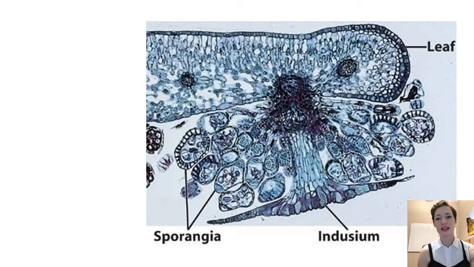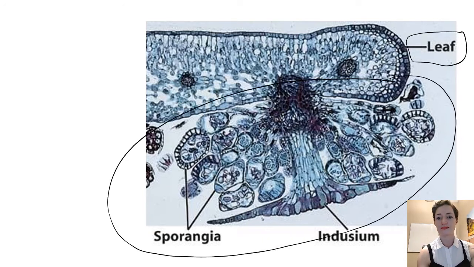And this is what it would look like if we did a cross section and looked at it microscopically. So we have the leaf, our sporophyll here, and this whole thing is the sorus. It's covered by an indusium, and that will shrink and collapse as these spores mature.